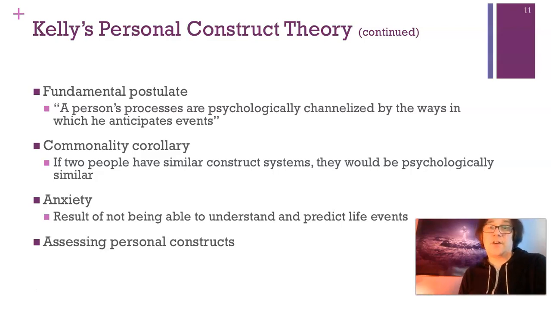Basically, it's a failure of our construct system to explain what's going on, what we're experiencing. So people are anxious when they don't understand what is happening to them, and when they feel that events are unpredictable or outside of their control. This is why we're seeing a huge rise of anxiety now with the pandemic.